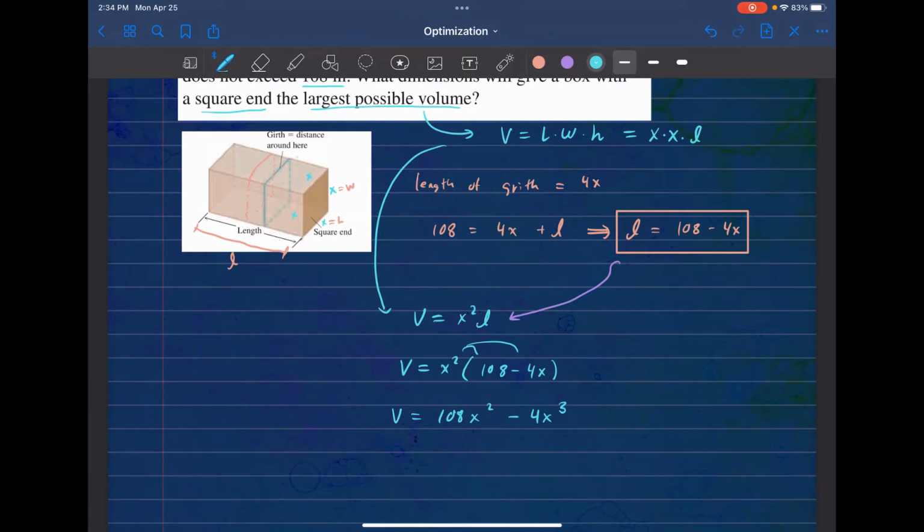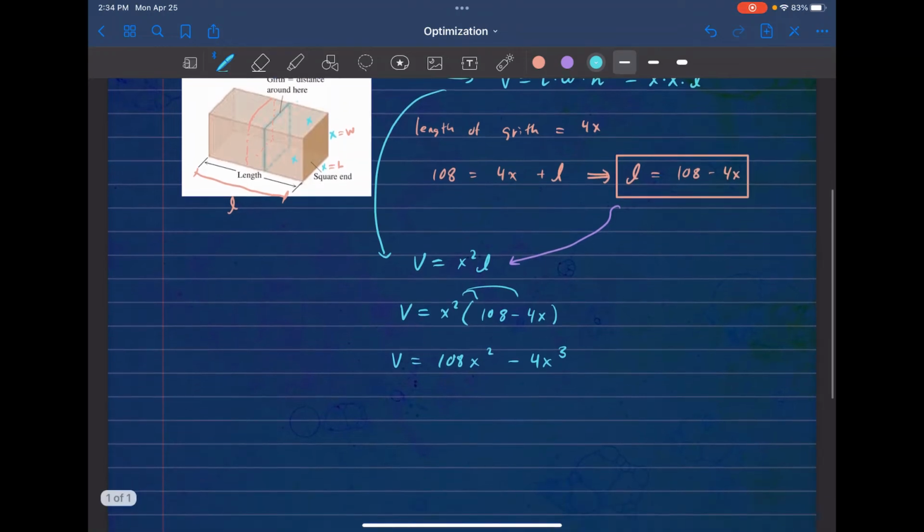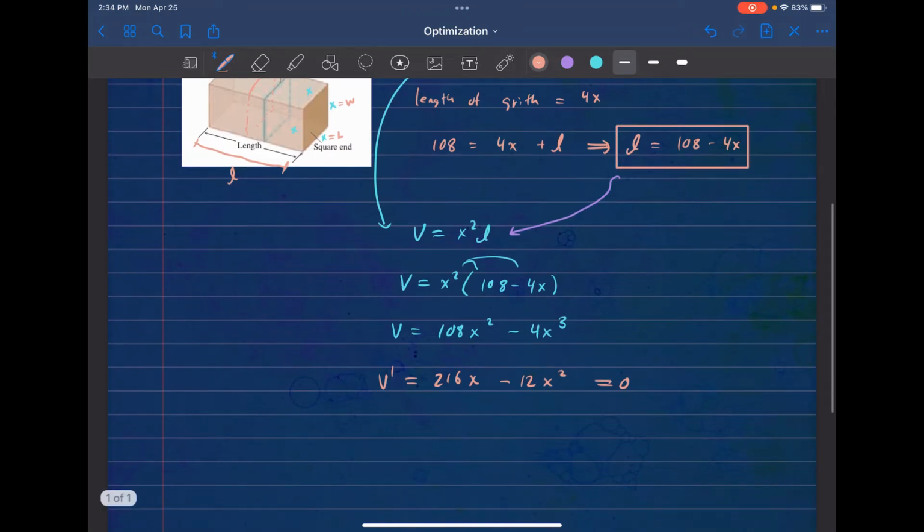All right, so now we want to find its critical number and see if that will give us the maximum volume. So let's go ahead and take its derivative. So V prime is equal to, using the power rule, 108 times 2, that's 216x, minus 4 times 3, that's going to be 12x squared. And then we set this to 0 to find the critical number. Let's go ahead and factor out a 12x.